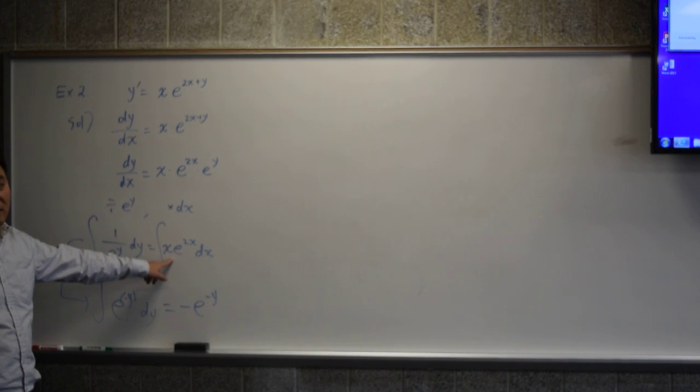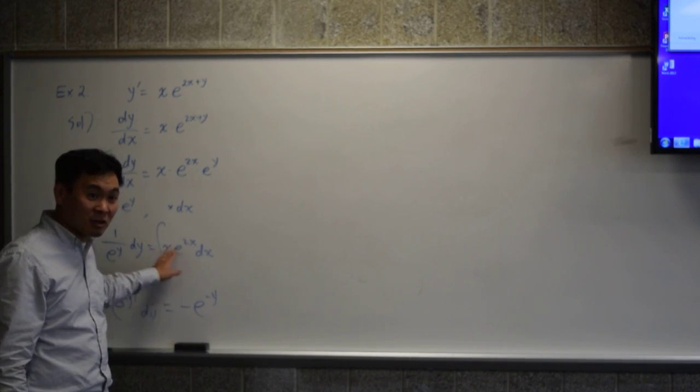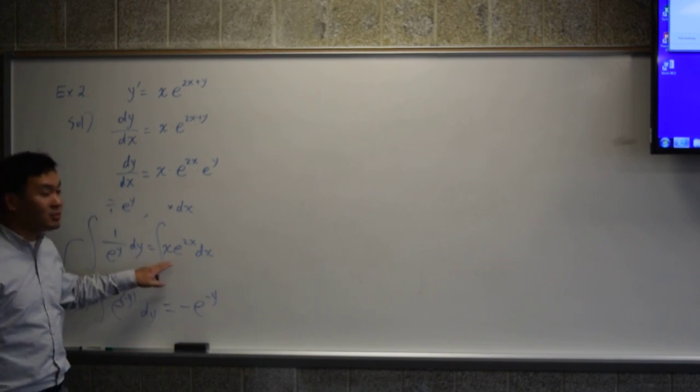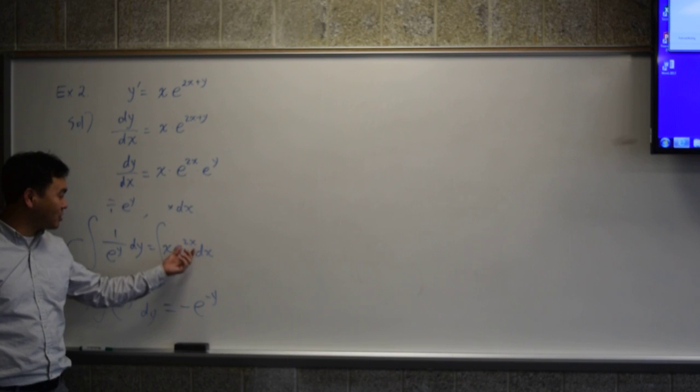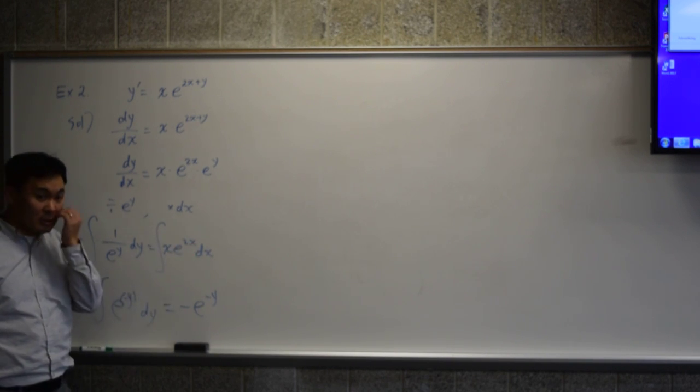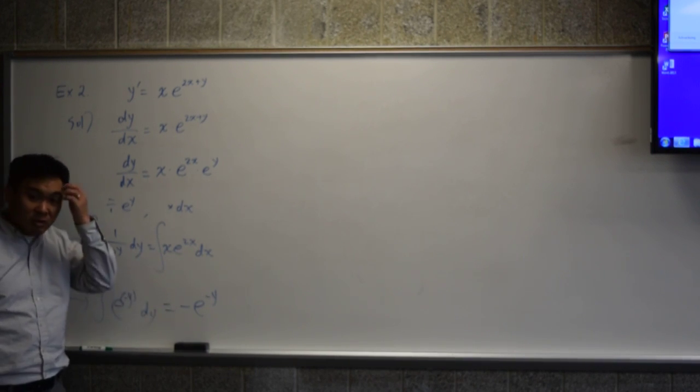Product rule. It's called a product rule if you would differentiate. Okay? It's a product of two things, right? Now this is not a u-substitution question because this x is not the derivative of the inside function. What is u-substitution? It's the opposite of the chain rule.